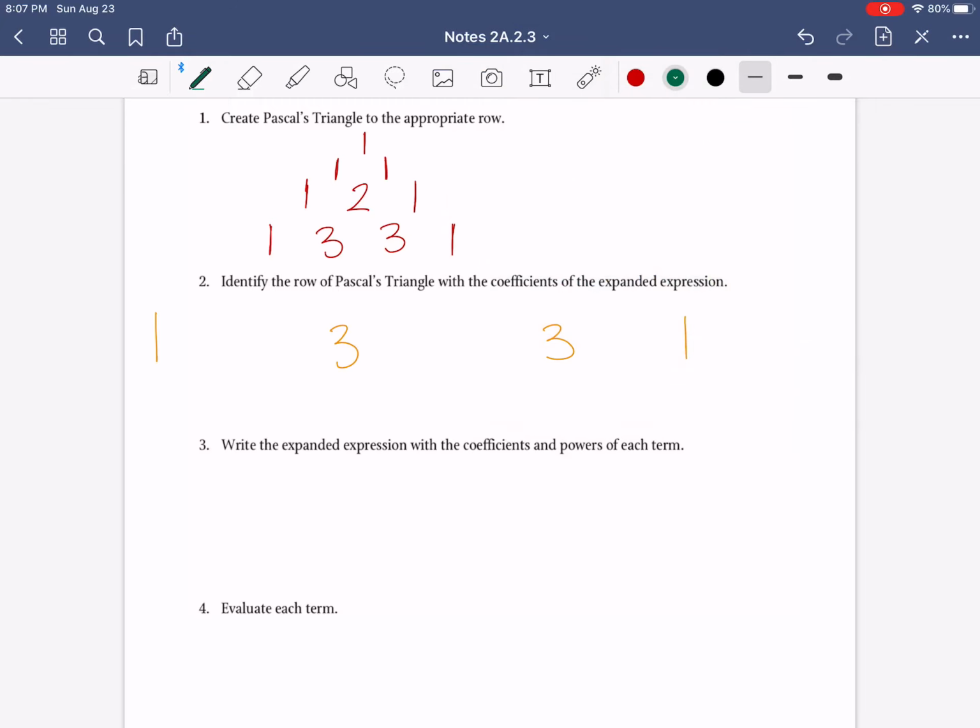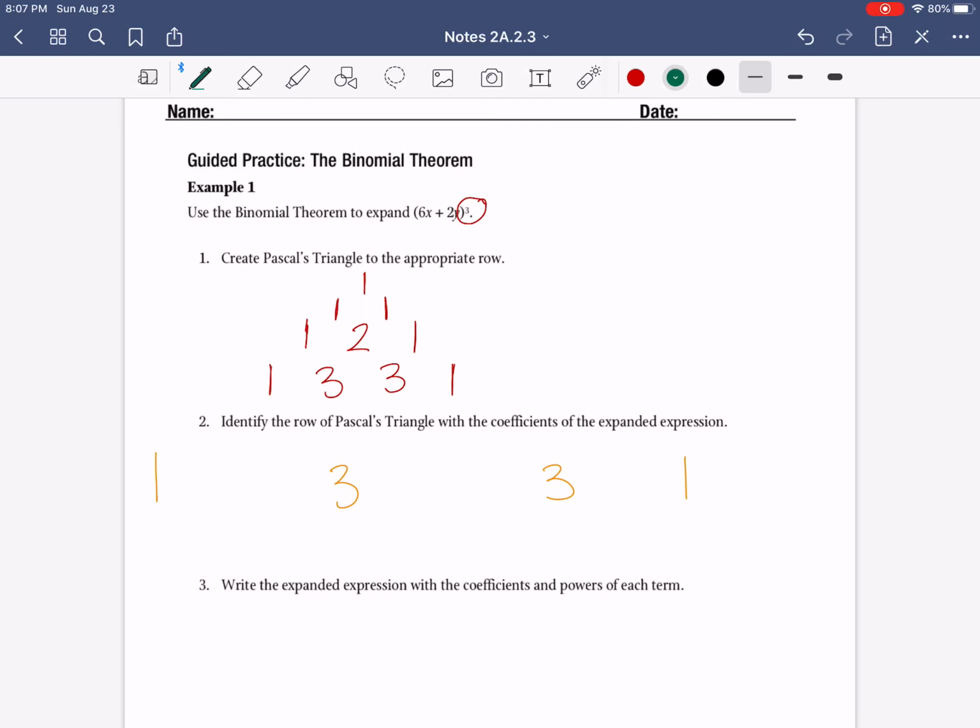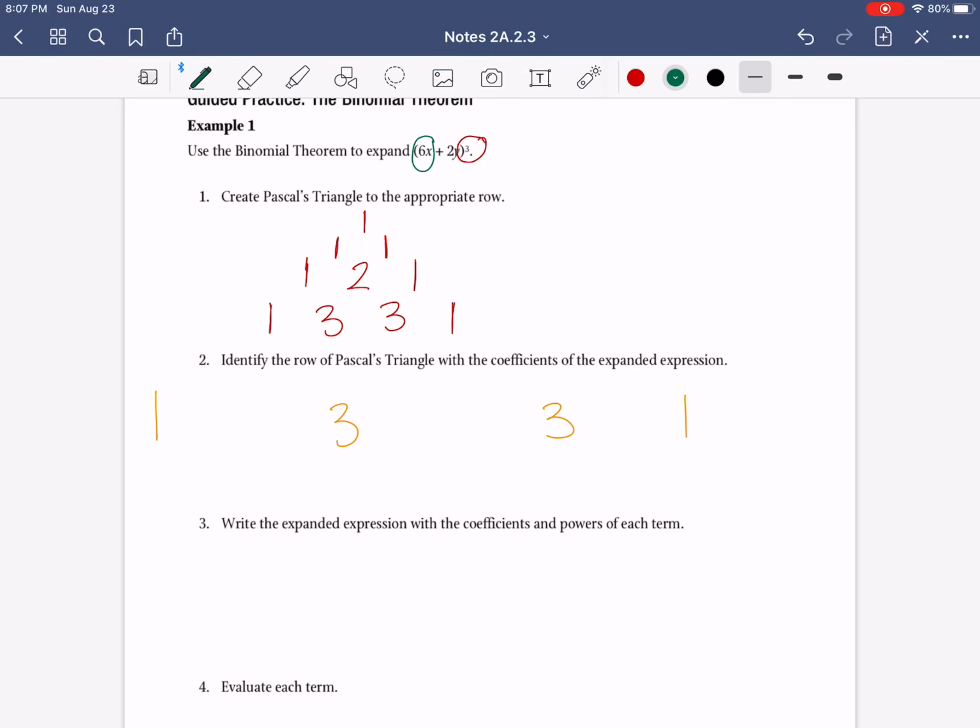All right, then you take your first term, which is 6x. All of our other examples, I never gave you any where it had a coefficient with a variable. So when it has a coefficient with a variable, you're going to actually want to put parentheses around it. So I'm going to put (6x) to the power of 3, and then we work our way down. So next one's (6x) to the power of 2. (6x) to the power of 1, and then the last one doesn't get any at all.